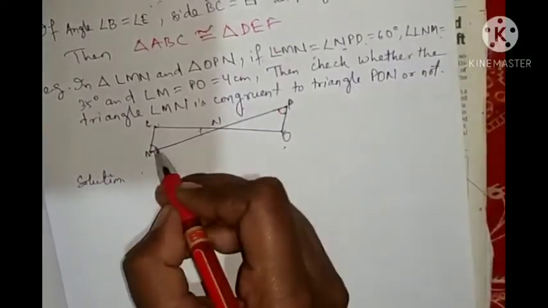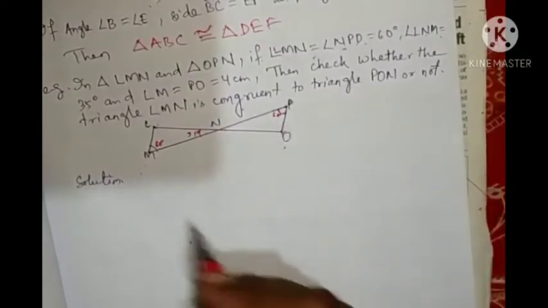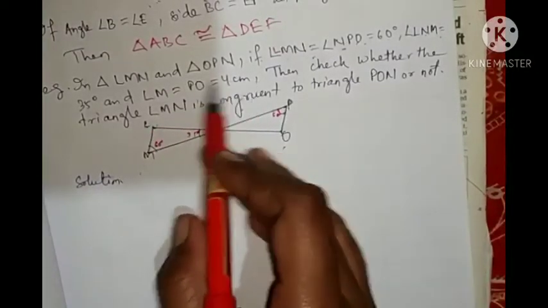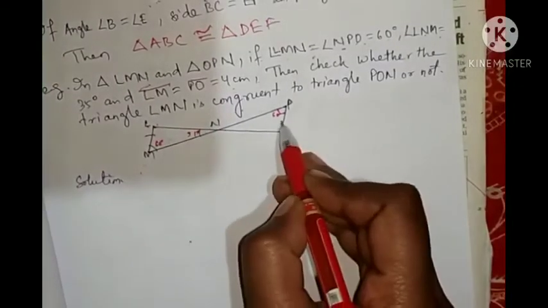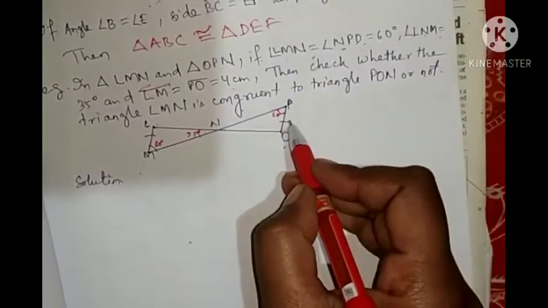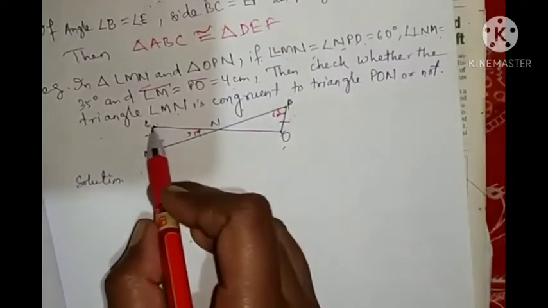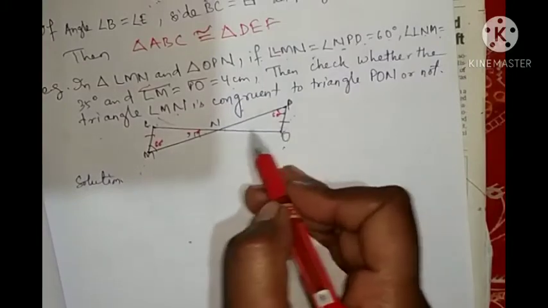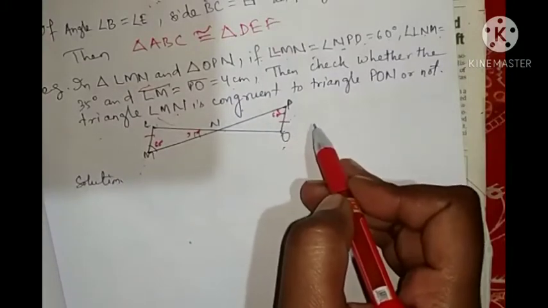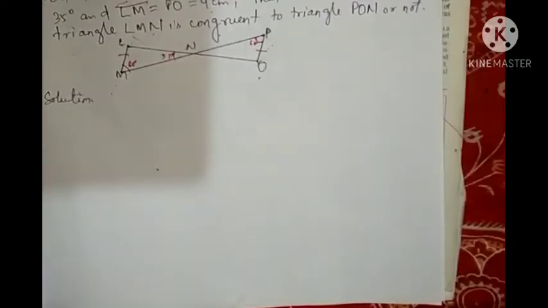So this is 60 degree, this is 35 degree, this is 60 degree, and LM equal to PO, means side LM is equal to side PO, that is how much? 4 centimeter. Then check whether the triangle LMN is congruent to triangle PON or not. So let's see. So look at here.